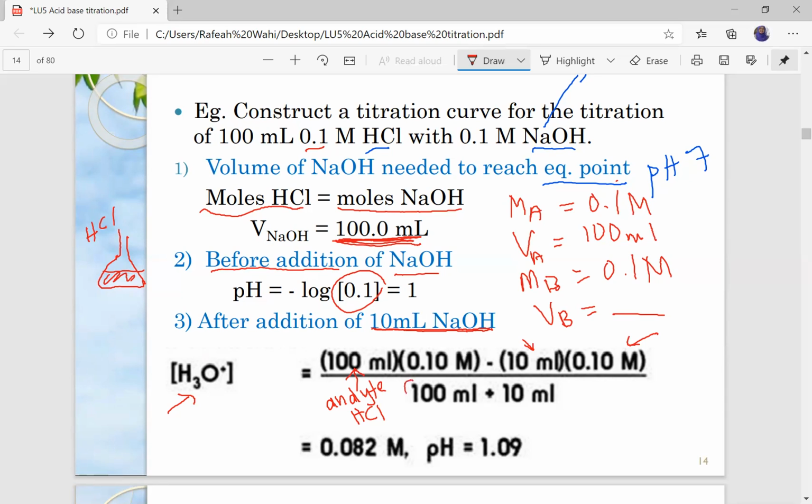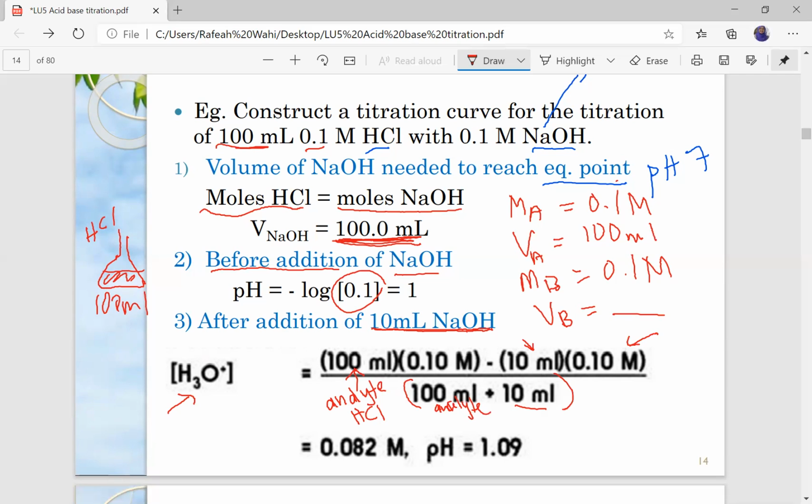The total volume is 100 ml. How do you know 100 ml? It's from the question: you have 100 ml of analyte in the conical flask plus 10 ml of NaOH added through the titration process.